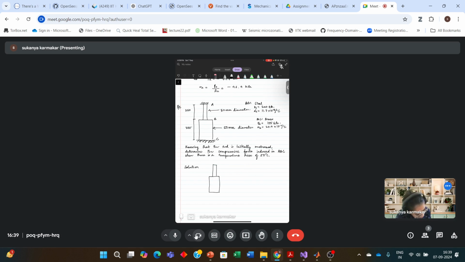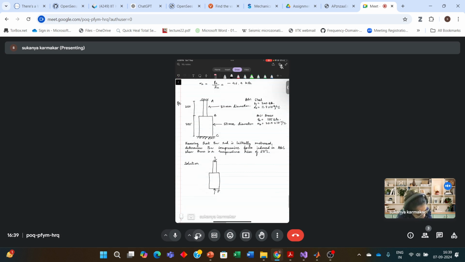So you have a system like that, and it is subjected to compressive force. Let the compressive force be P. This is A, B, C. This length is 250 mm, this length is 300 mm.